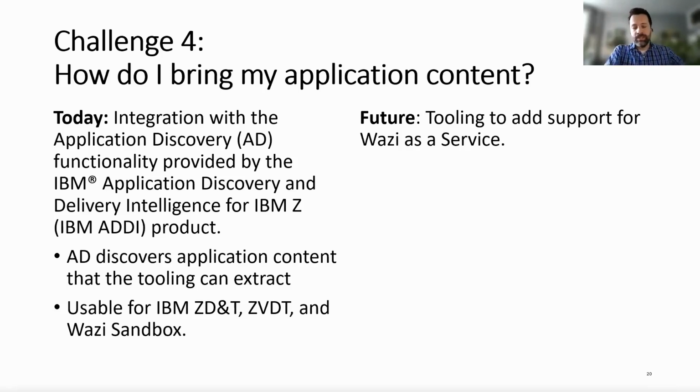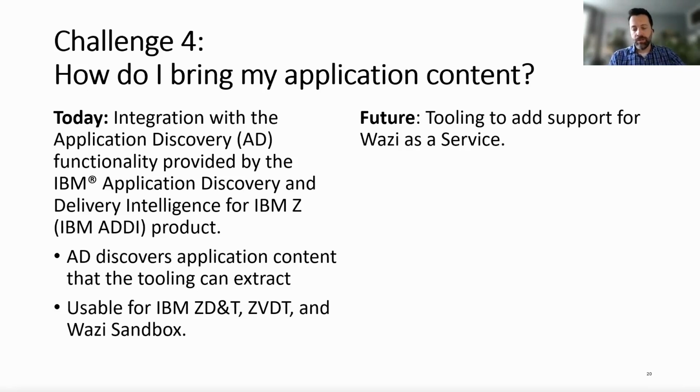Application Discovery has a RESTful interface for being able to introspect all of the content that it has discovered of your application. From a tooling perspective, we can then query that content and say, okay, we know you want to extract this application based off of a specific project name.